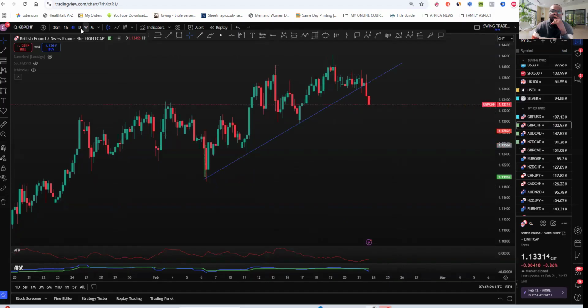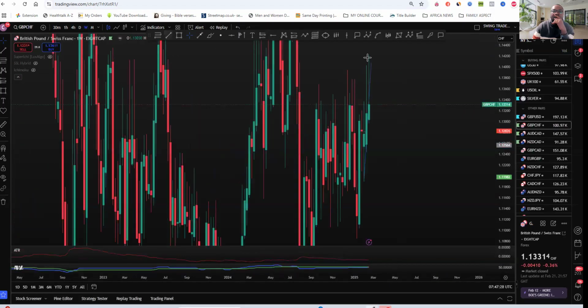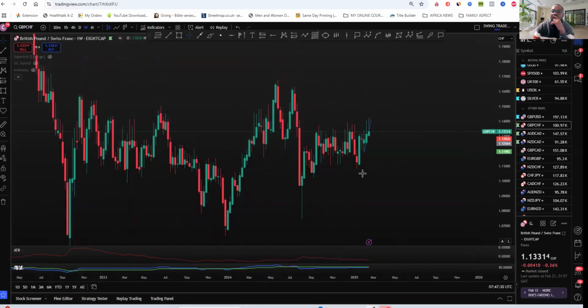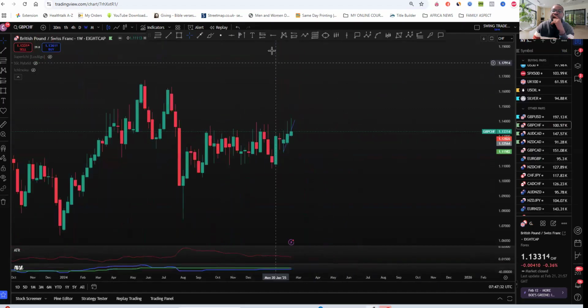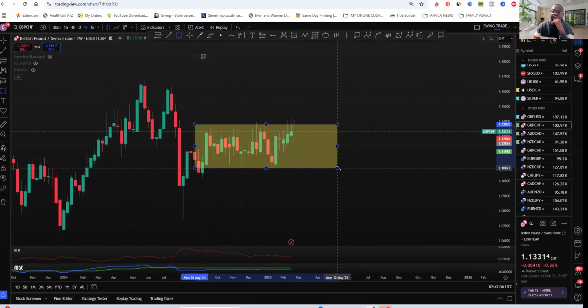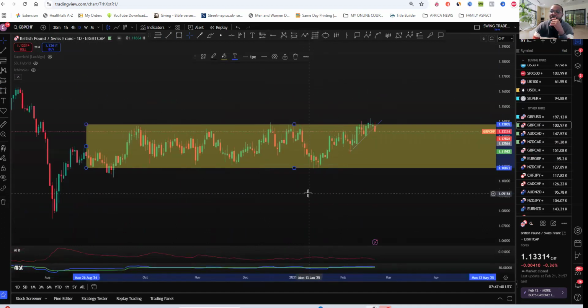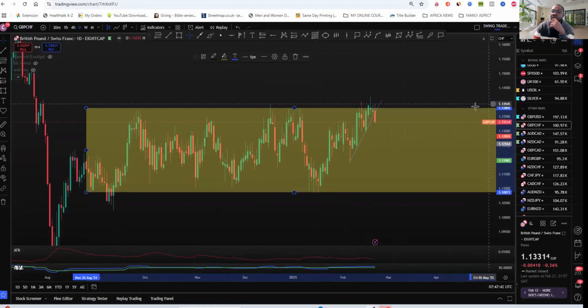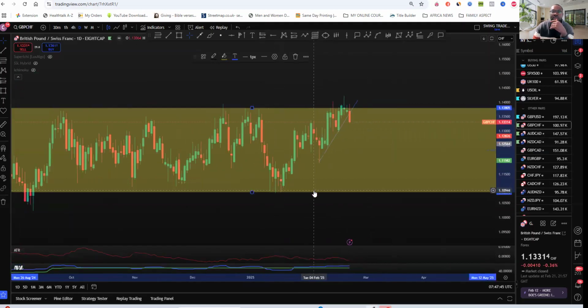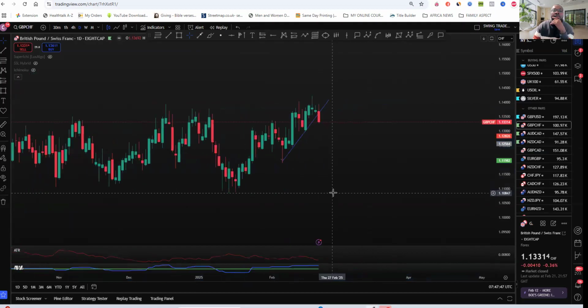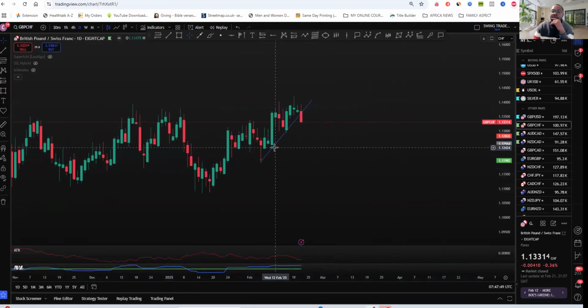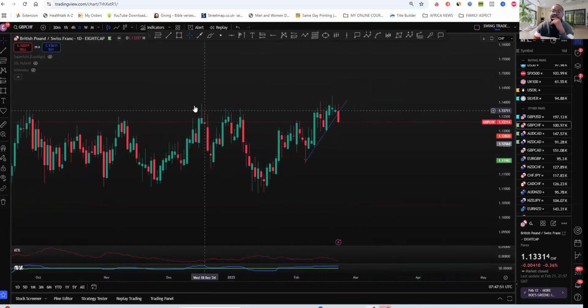Now GBP CHF, as you can see on the weekly, the market is consolidating as well. And this is where you want to really be careful, because that's why I didn't even try to trade last week. Now, if you check this pair on the daily, it looks like the market is now beginning to head down for a sell.